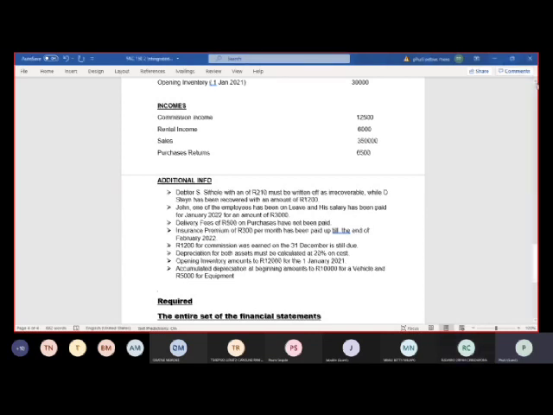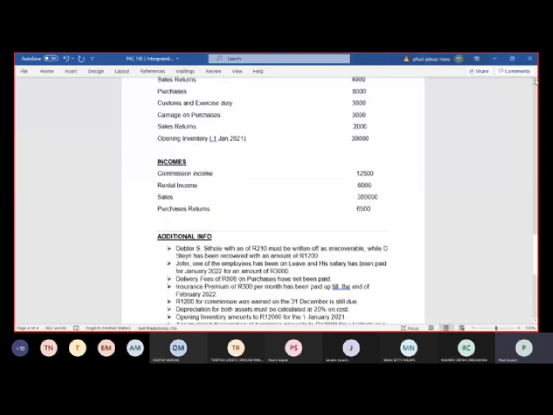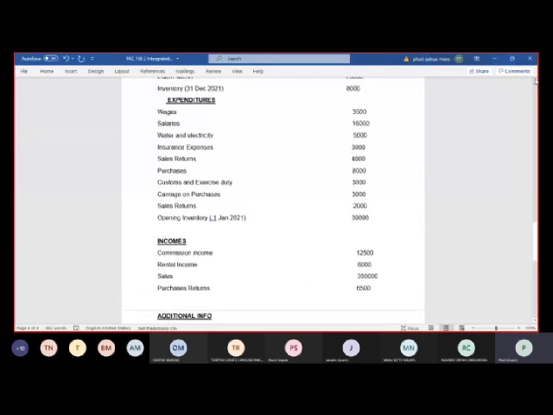Let's go back to the trial balance now, and you're going to give me the list of the transactions that are not included in here. You've got the salaries of 16,000 rand, water and electricity, and insurance expense. Wages 3.5, salaries 16,000, water and electricity 5,000, insurance expenses 3,000.